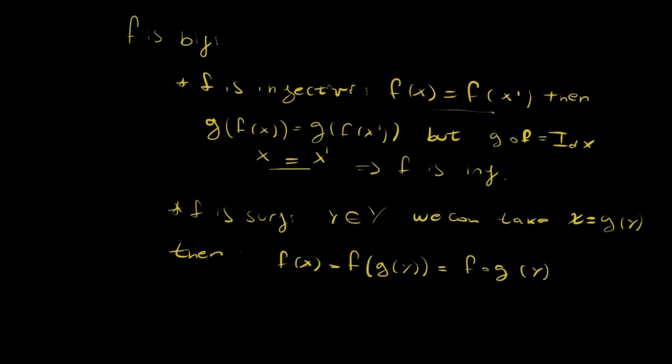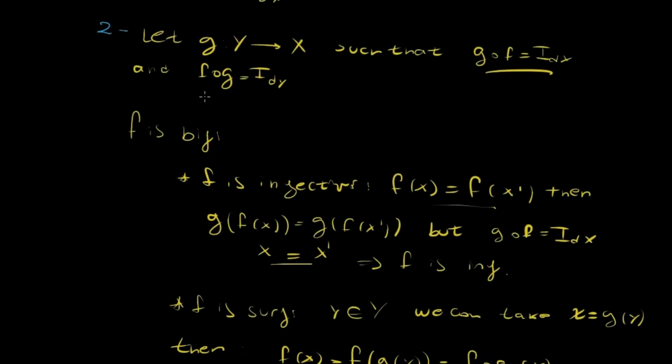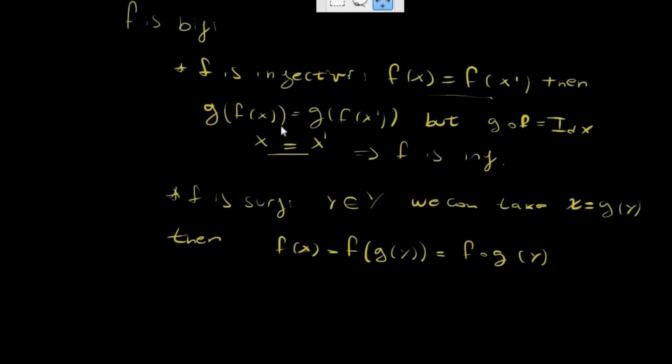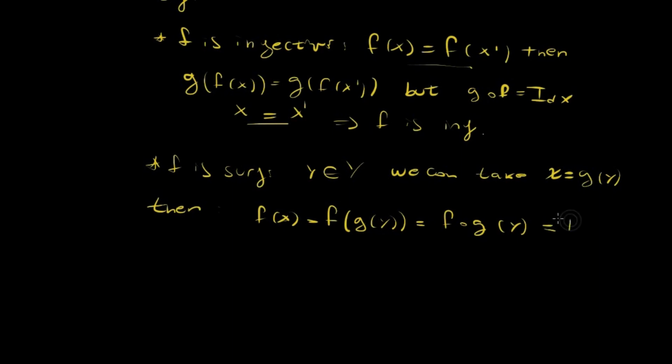But I said before, it was one of my hypotheses that f composed with g was the identity in Y. So this equals the identity in Y evaluated in y, which equals y.